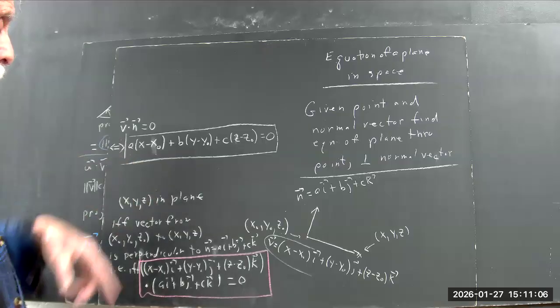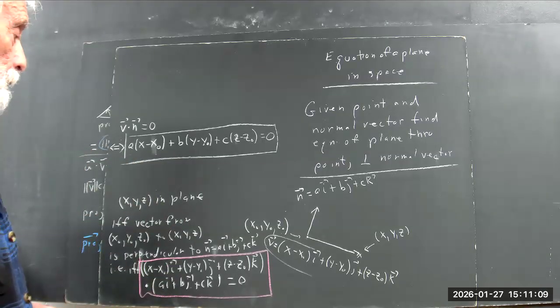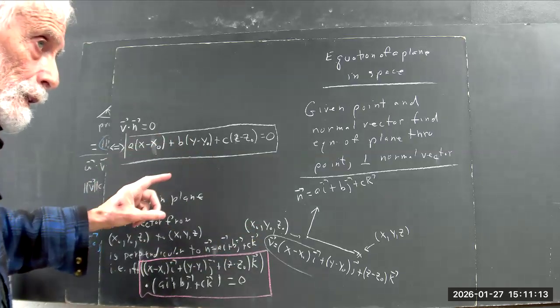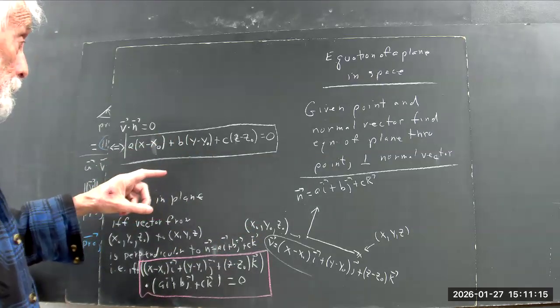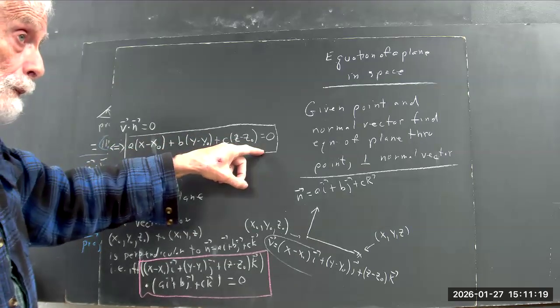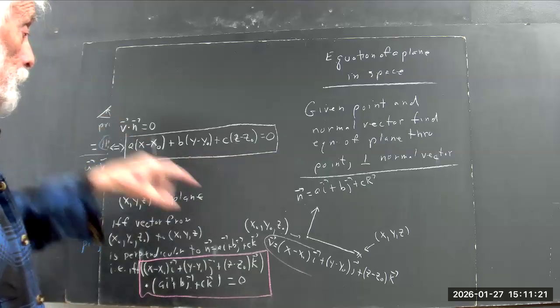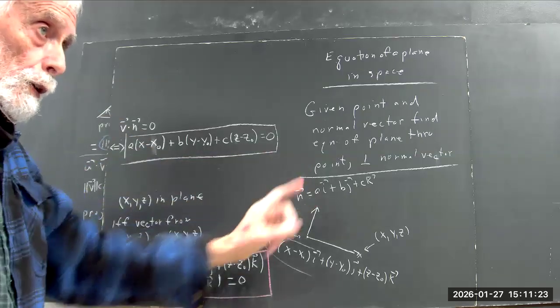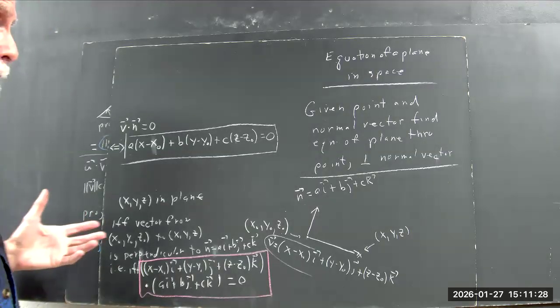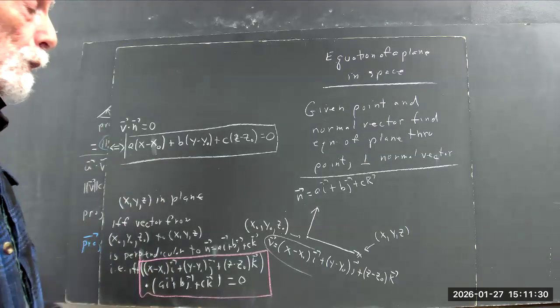This is an equation of the plane because in each case the point x, y, z satisfies the condition as long as it's in the plane, as long as this v vector here is perpendicular to the normal vector. And if it's in the plane, the condition has to hold.